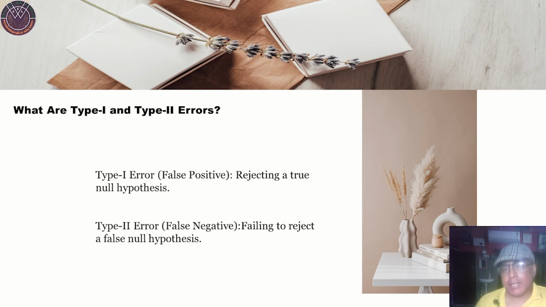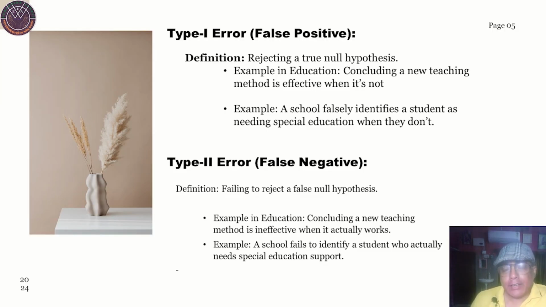So type 1 error is also called alpha error, and type 2 error is also called beta error. So we will try to understand by taking some examples. Again, type 1 error is called false positive. That means you are saying that actually the drug is working, the experimental treatment is working, the groups are different, the correlation is there, but actually in reality it may not be there.